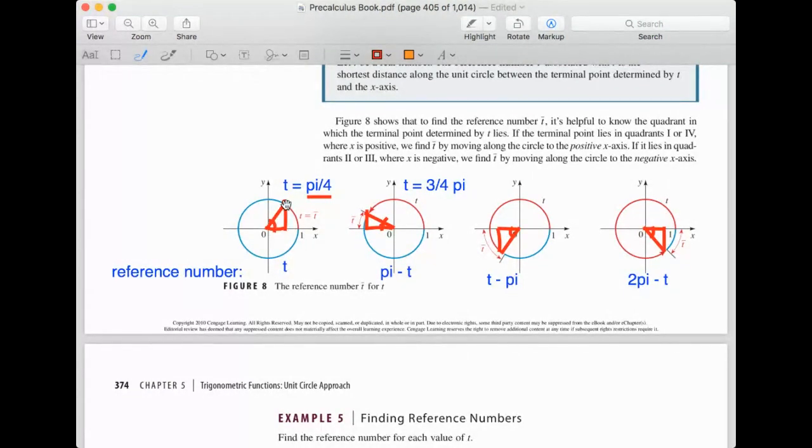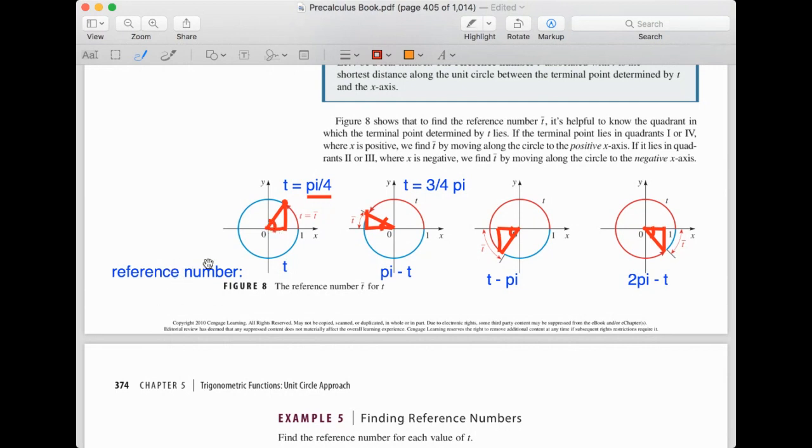So let's talk about this point, right? We run from the starting point up to here. Let's see, this is pi over 4, right? We can keep running, so then that would be pi over 4 plus 2 pi. Or we keep running, that's pi over 4 plus 4 pi, so on and so forth. So we want to use a reference number, or a lot of times we call it reference angle because it is an angle measure.